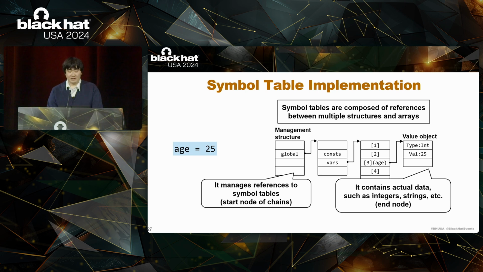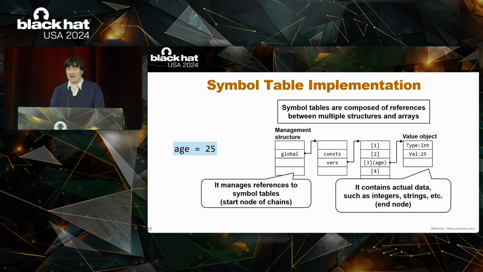Let me explain two key data structures around symbol tables. One of them manages references to symbol tables. We call it the management structure. The other is the value object, which contains actual data used in script execution, such as integers, strings, and so on.